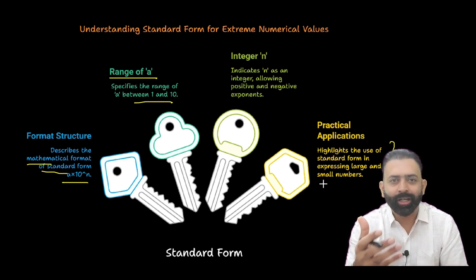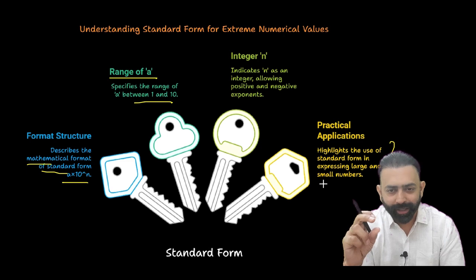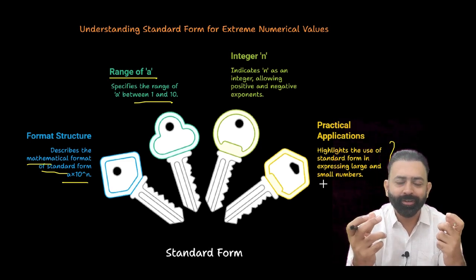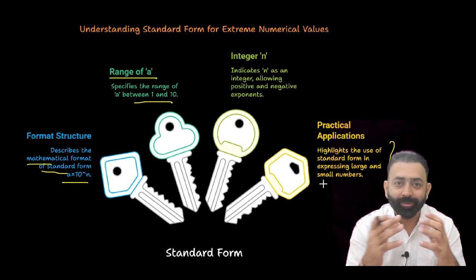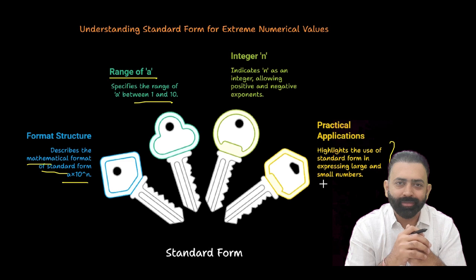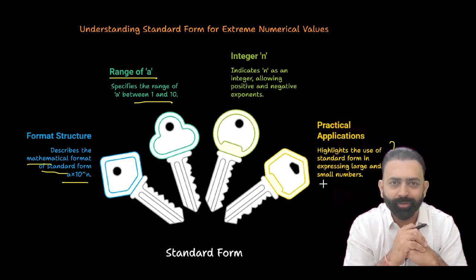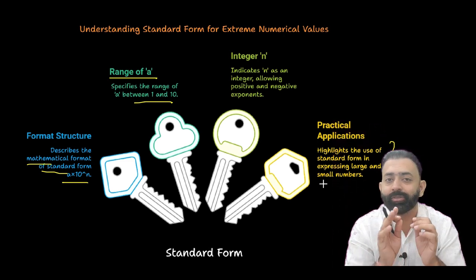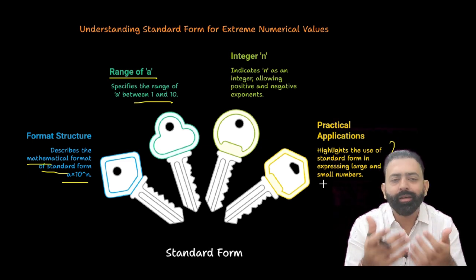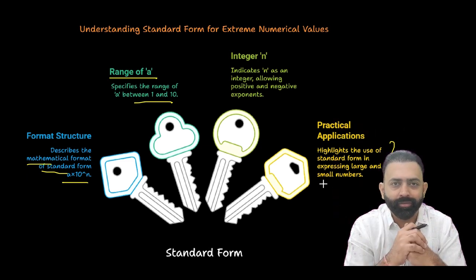So again, the shorthand is for writing very big numbers, or very small numbers which appear small in magnitude but involve 19 to 21 digits. So how will we write these numbers in standard form?